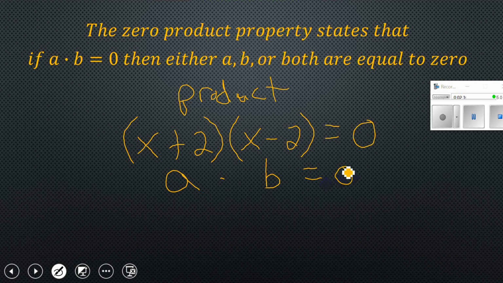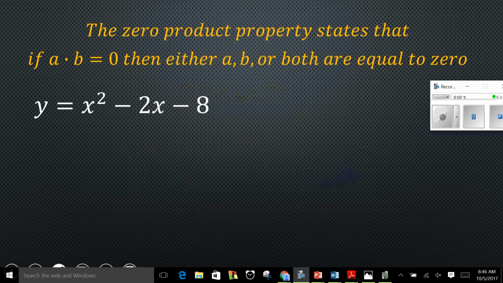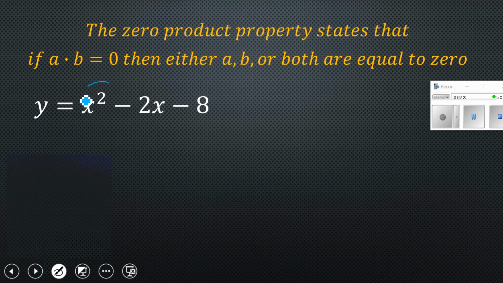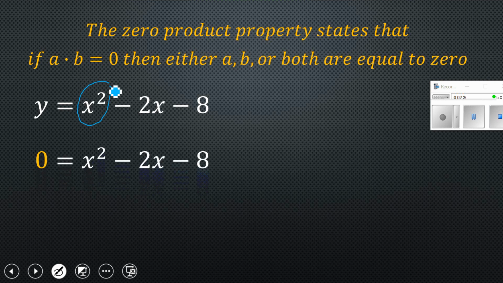Again, zero product property. Let's look at an example of a quadratic that we can solve pretty easily. When we have x squared in the beginning term, it factors very easily. So when we see this x squared, and we remember that's 1x squared, it's easy to split up. So what does that look like? Well, the first thing we're going to do when we solve a quadratic by factoring is replace the y with 0.